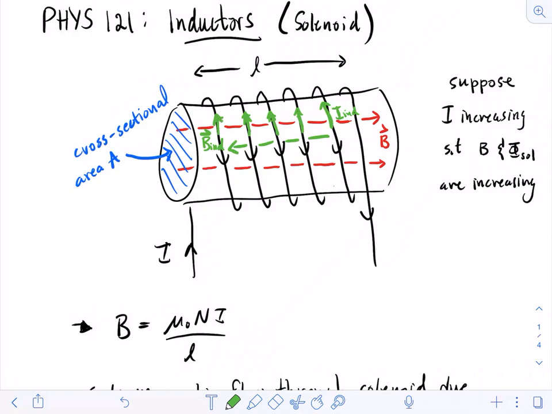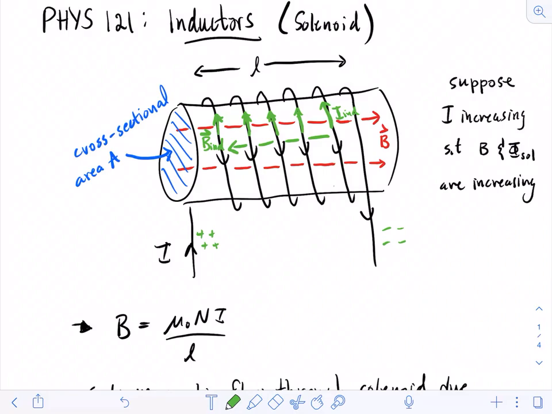Okay, now if this was not part of a complete circuit, but just a length of wire, and we put an increasing magnetic field through the coil, then what would happen is we'd get positive charges piling up over here on this end, and we would get negative over here on the other end.